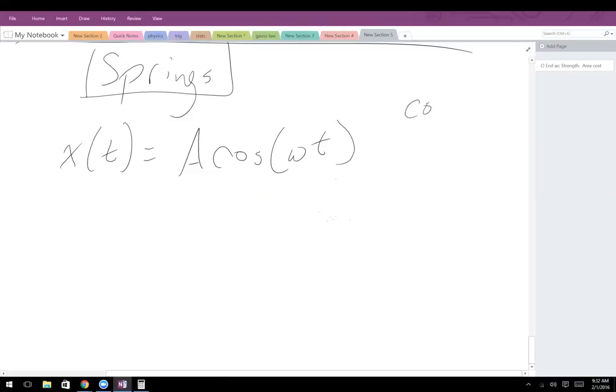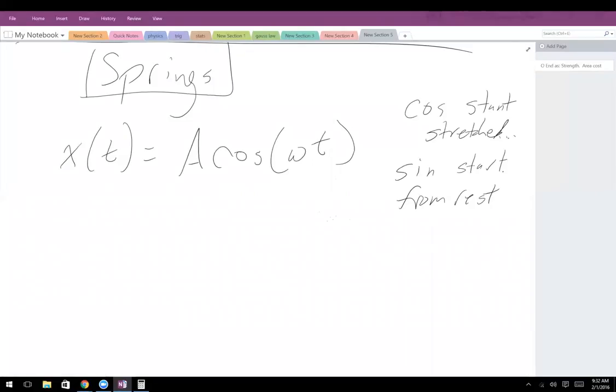So it's cosine if you start stretched, which is what usually happens in real life. It's sine if you start from rest. So usually the way people do a spring is when it's resting, they stretch it out and let go. Then you would have cosine.